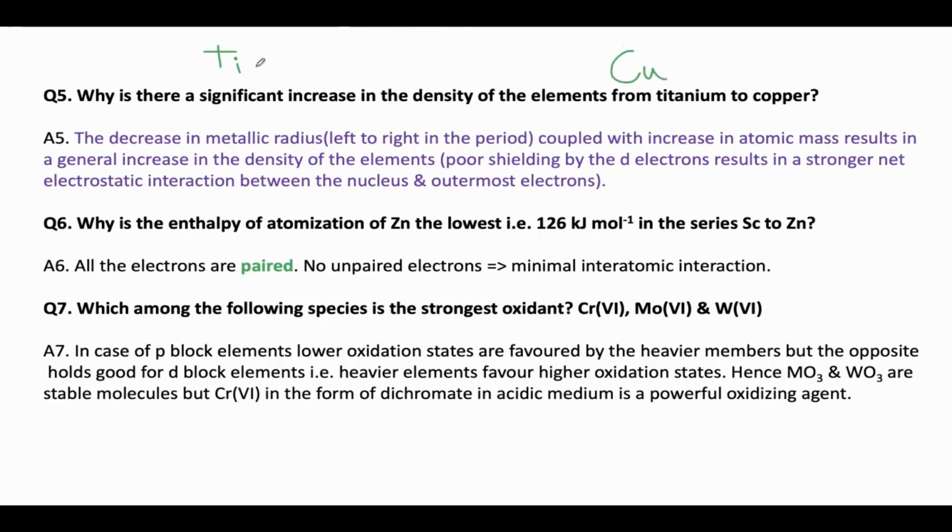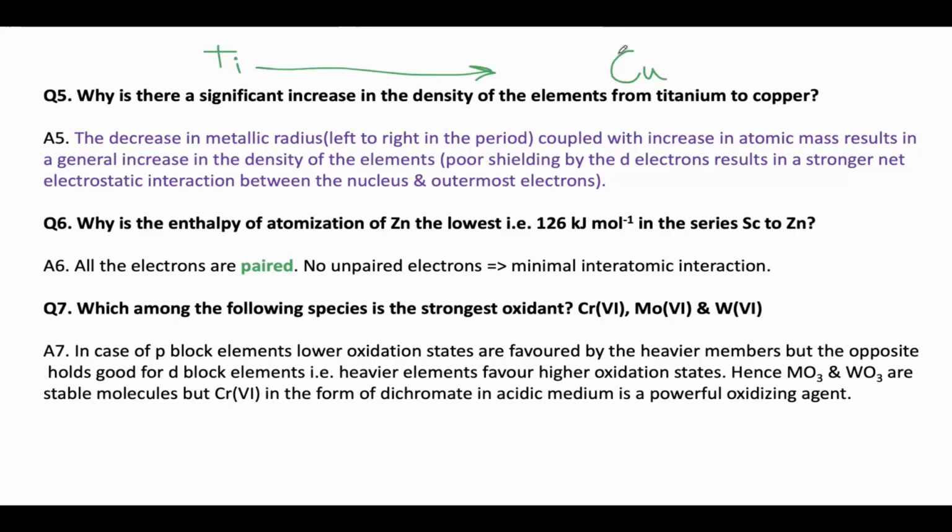Now from left to right, since d orbitals come into the picture, and we all know the d orbital is not a very good shielder. The s orbital is the best, p is next, d is then, and last we have the f orbital.